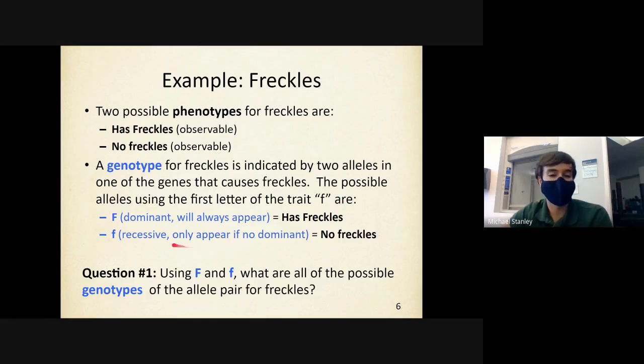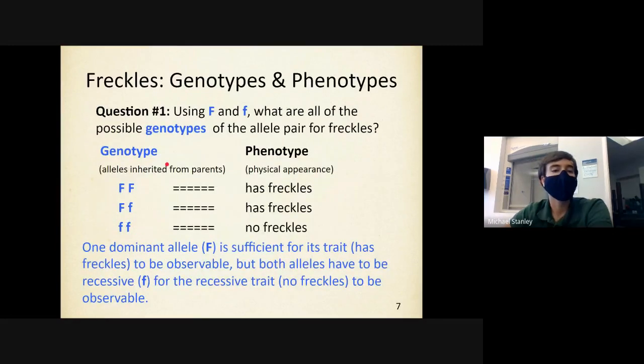Not having freckles is the recessive trait. And the recessive trait only shows up if there's no dominant alleles that appear. So for somebody to have no freckles, they would have to have a little f for their trait. So if you're big F, big F or big F, little f, you have freckles because big F represents a dominant trait, which in this case is freckles.